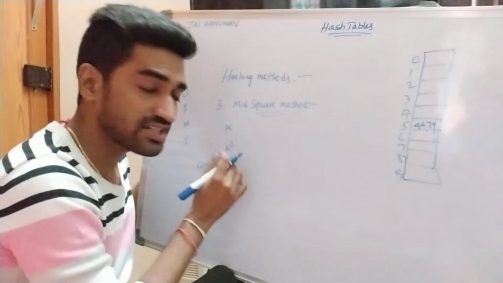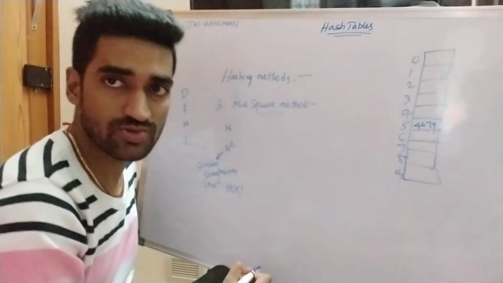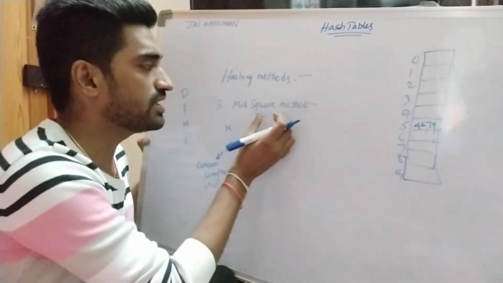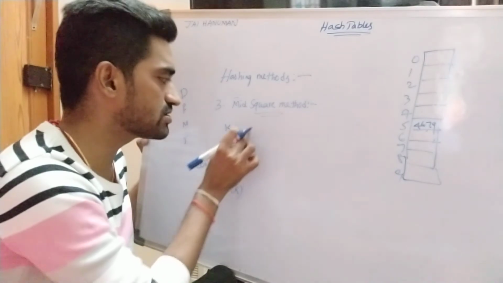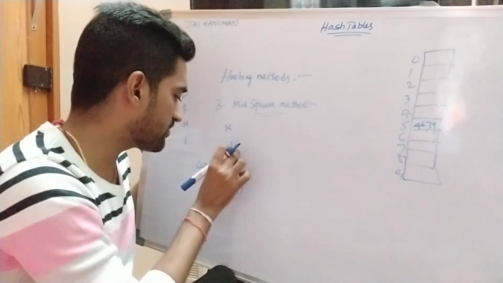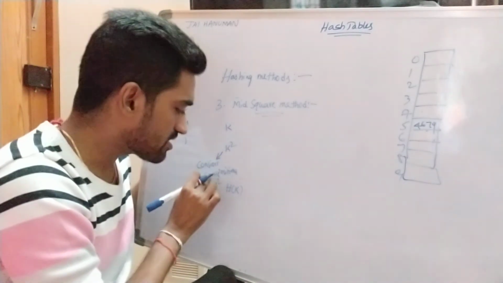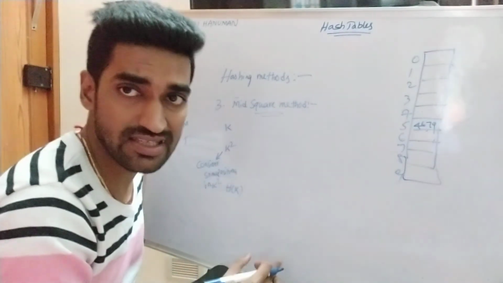Based on those positions we choose the h of k values, and then the division method is applied. Simply, in the mid square method, first we calculate the k square values for the key values, and in the k square value we consider some positions.